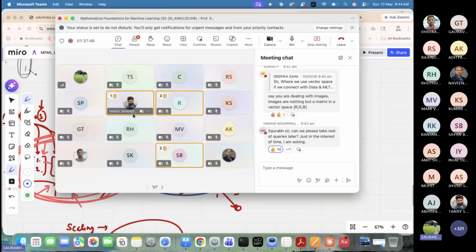There is nothing of that sort. That can never happen. We have to always assume that the vector space is an infinite space. Exactly, right.